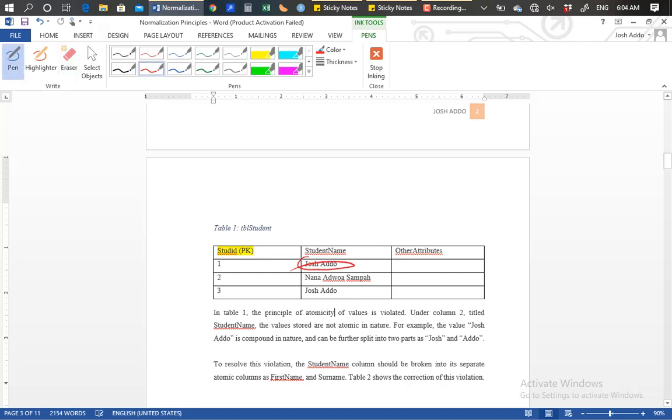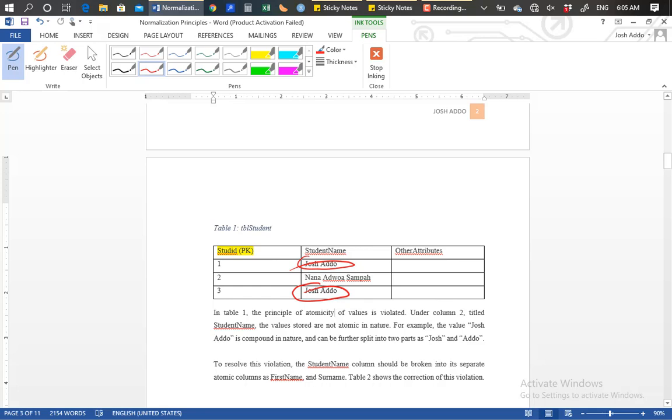you will see that the first entry, which is Josh Ado, is different from the second entry, Josh Ado, by their primary key values, by their student values. So you see that the names are the same, but their student values are different.